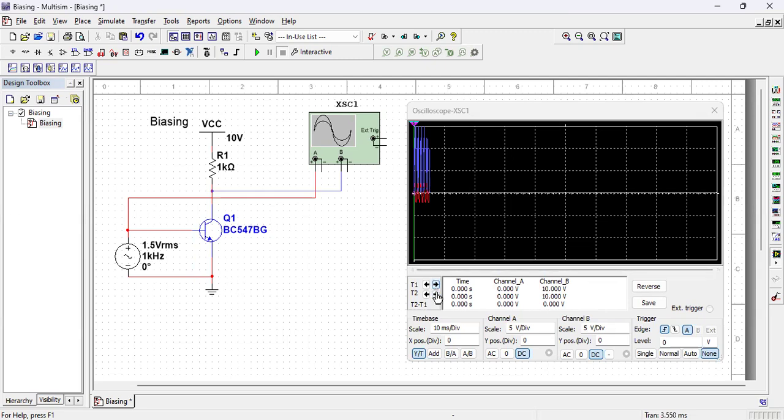Let me see whether I can zoom this oscilloscope. In fact, you can see this oscilloscope.